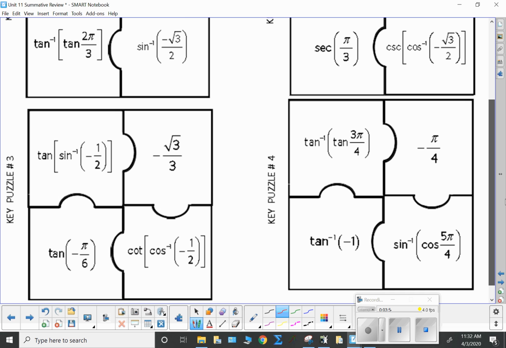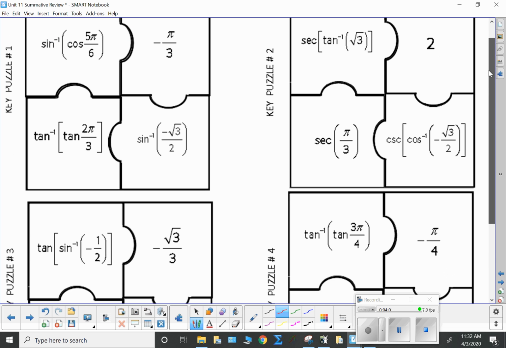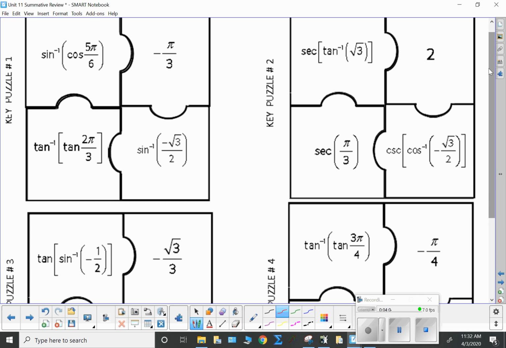Puzzle 3 and puzzle 4. And I'll go back up here so you can look at this.